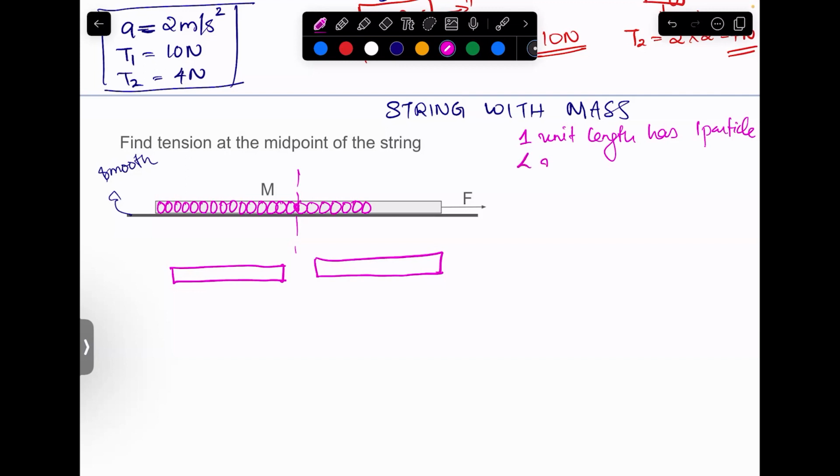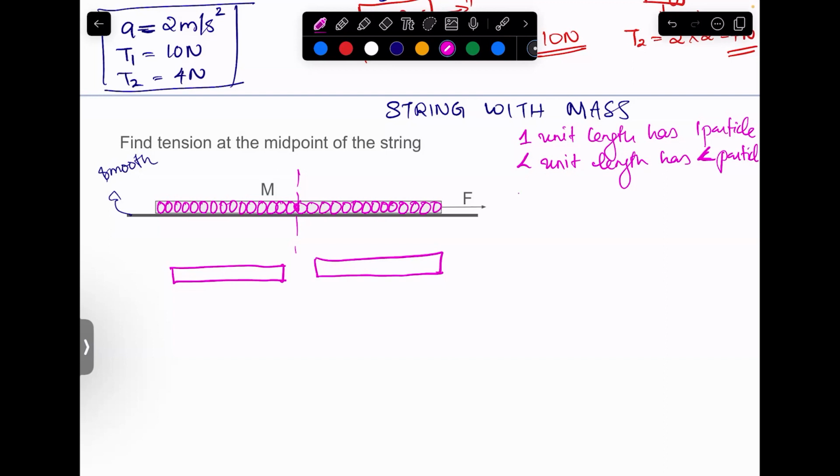So I am considering that this whole string has L particles. If the mass m is distributed uniformly along L particles, that means all the L particles have equal mass. Then what will be the mass of one particle?